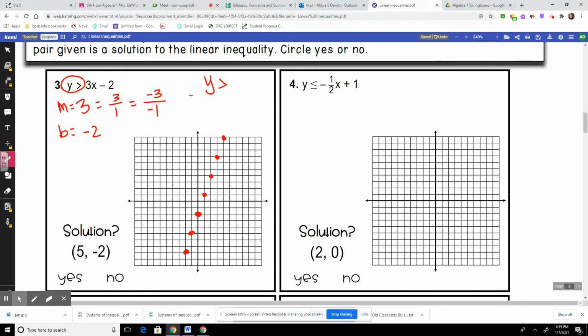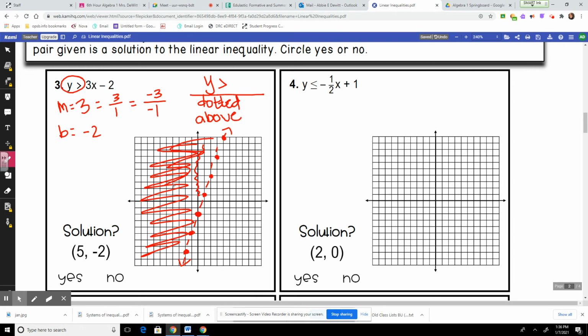Y is greater than means it's going to be dotted. And greater than means I'm going to shade above. So I have a dotted line, and I'm going to shade above, where y's are greater than this negative 2 point, which is up here. I'm going to shade the region that includes those values.